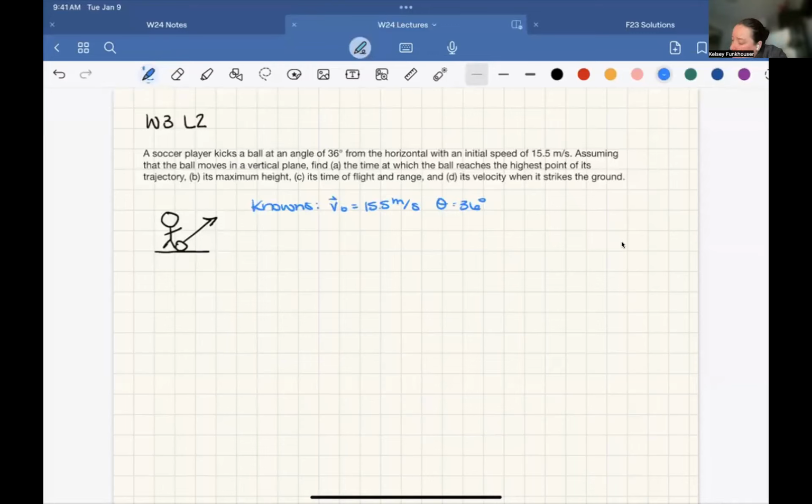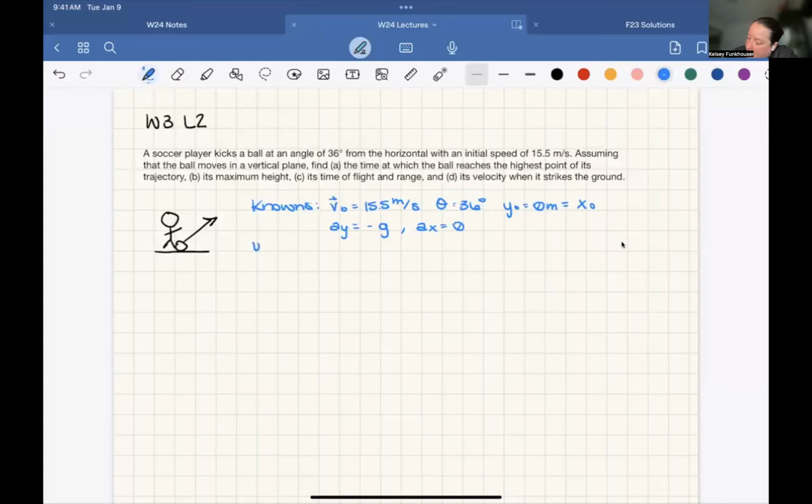And the initial y position is 0 meters. And we'll also just define the initial position as our origin. So we can also say that the x position initially is 0. And this is projectile motion. So the y acceleration is -g and the x acceleration is 0.